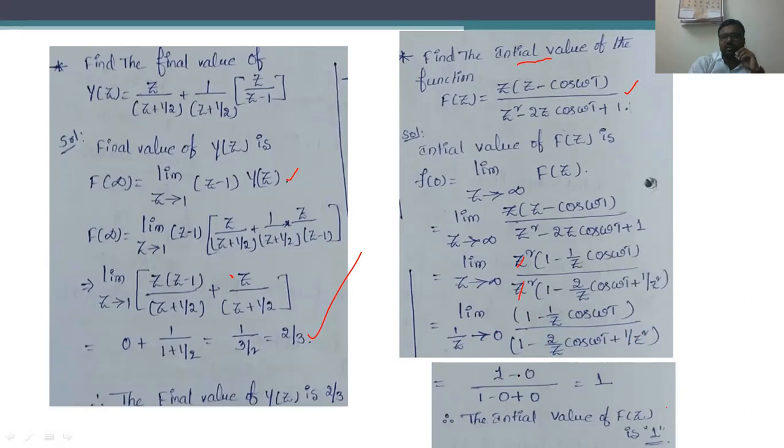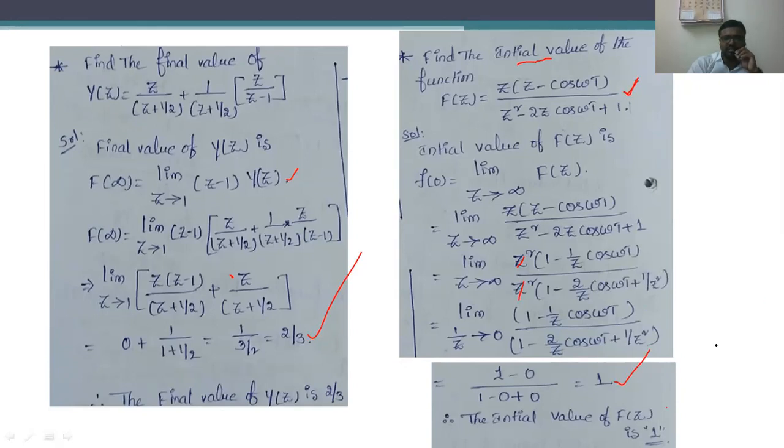It is nothing but 1 minus 0 divided by 1 minus 0 plus 0. Therefore, the initial value of the function f of z, the transform of cos omega t, is 1.